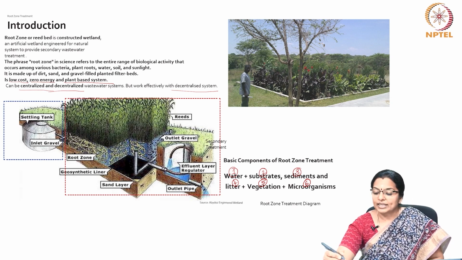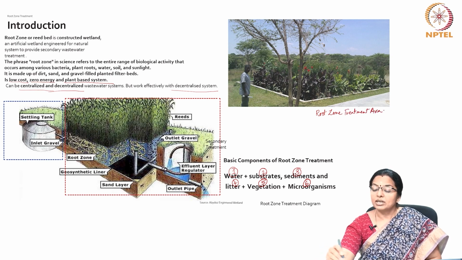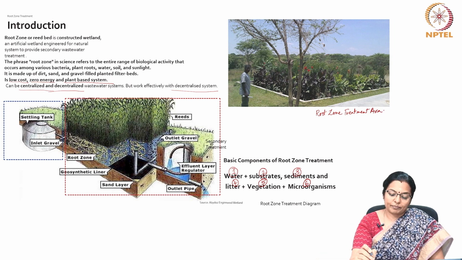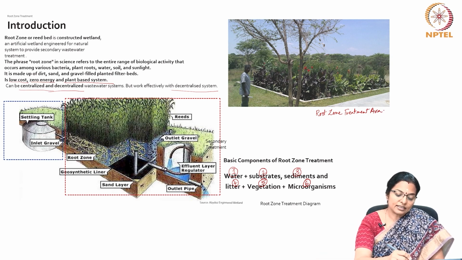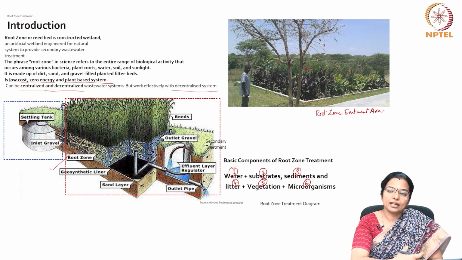And here you can see how a root zone treatment area looks, merging with the landscape. Technically, this is how a root zone treatment looks, which we will see in the next few slides.